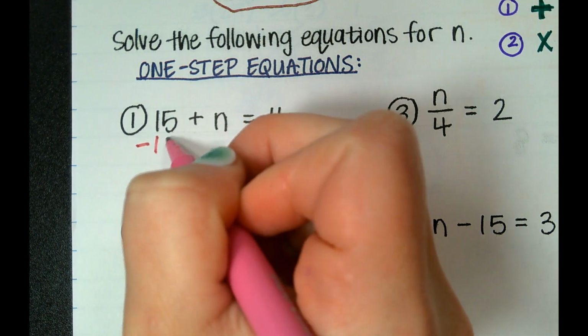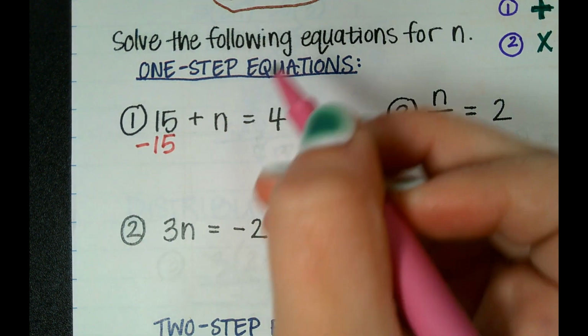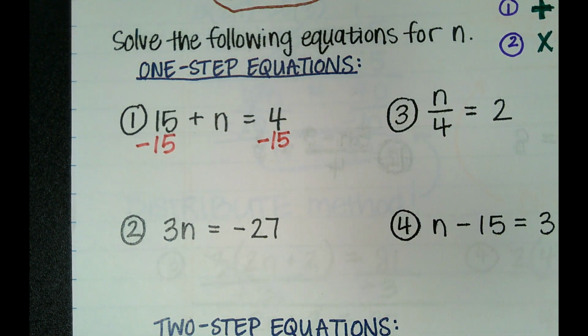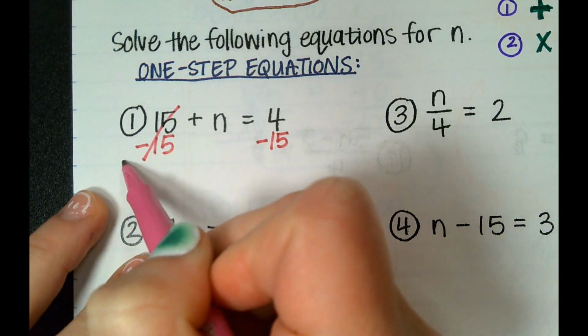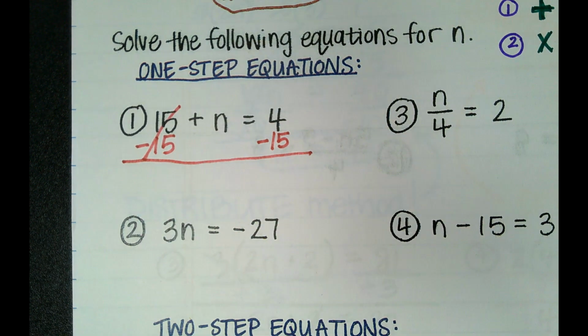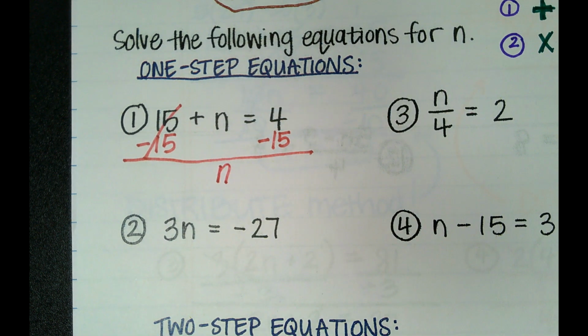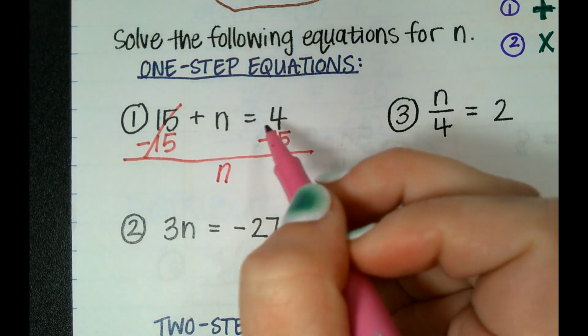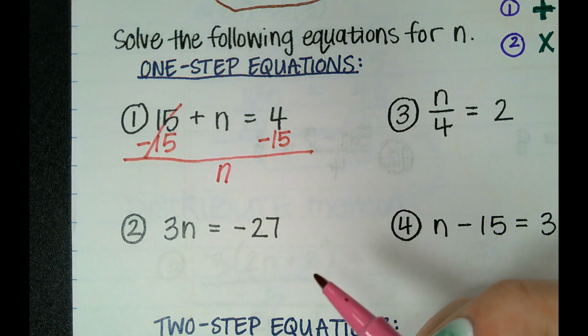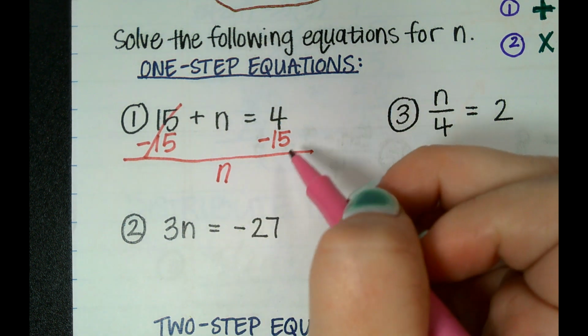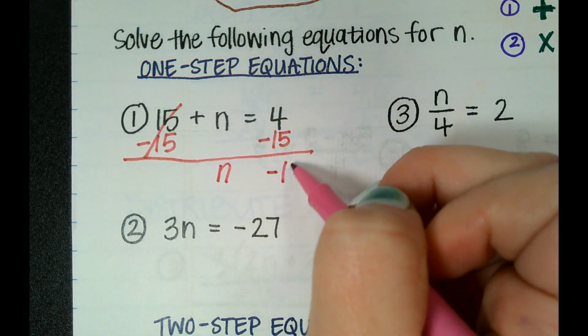The 15. So we would do minus 15 on both sides. Cancel the 15s. Bring down the n. So 4 minus 15 is negative 11.